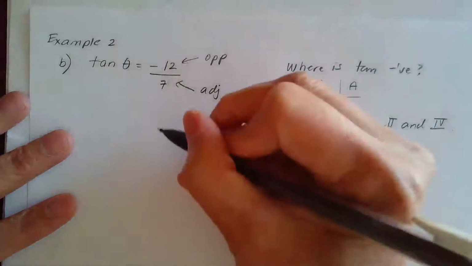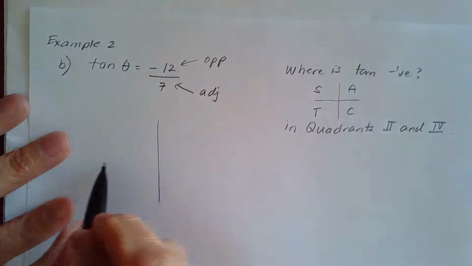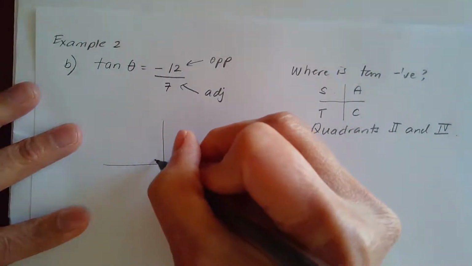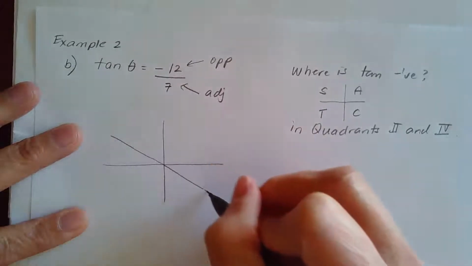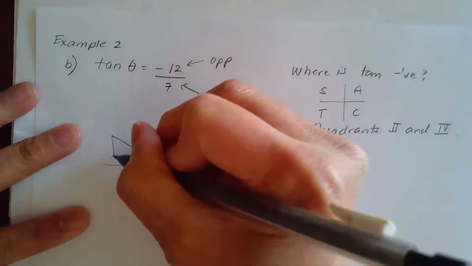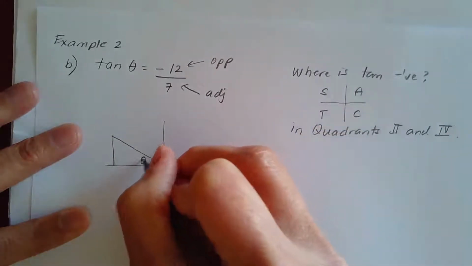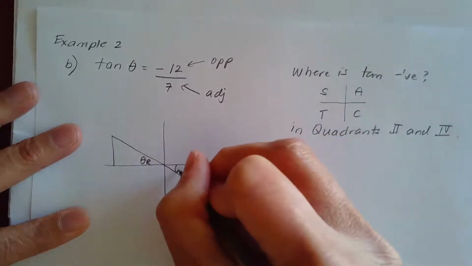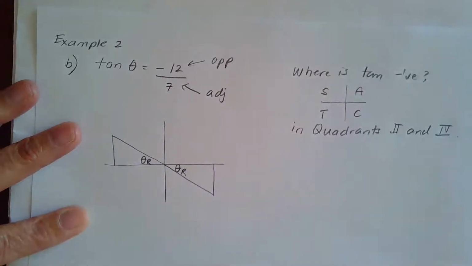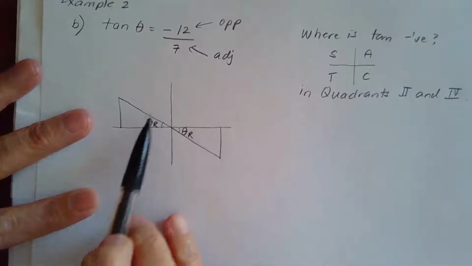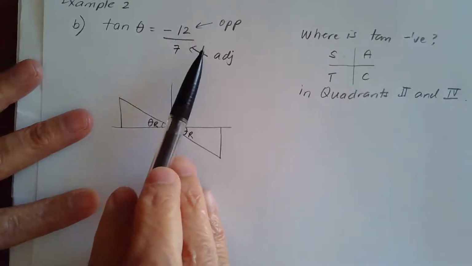Okay, so what does that mean? Let's draw it out. Tan is negative there and there. We're going to have to use our reference angle to create a right triangle here. So it's going to be opposite over adjacent.